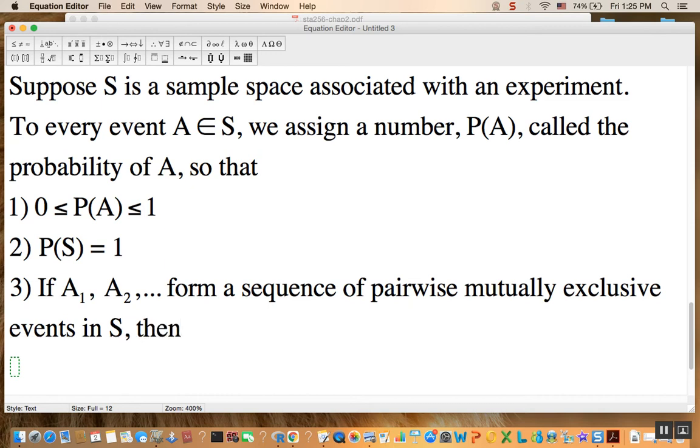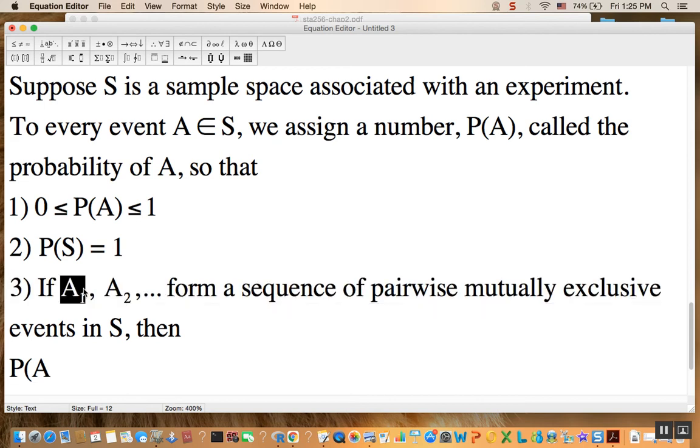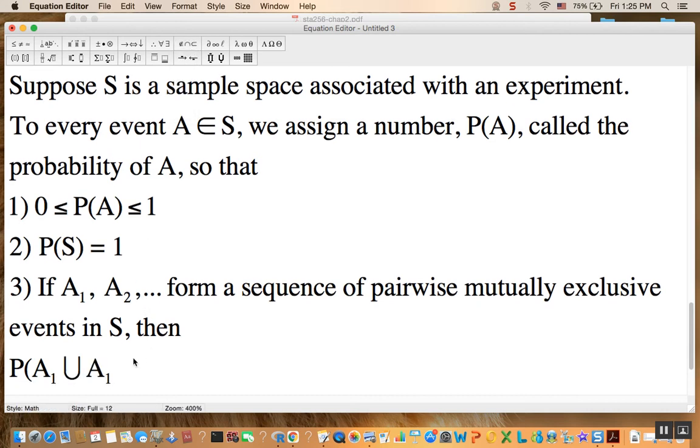and the probability of A1, oh, sorry, let me copy and paste this guy. Union A2 union dot dot dot, right?